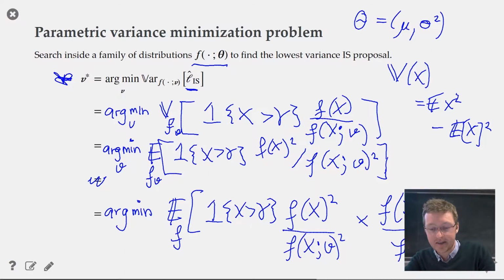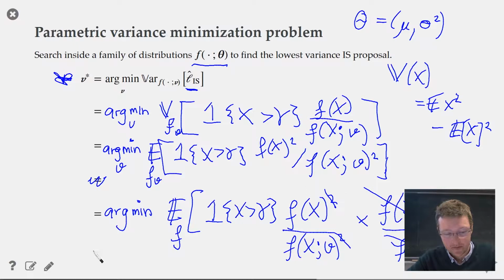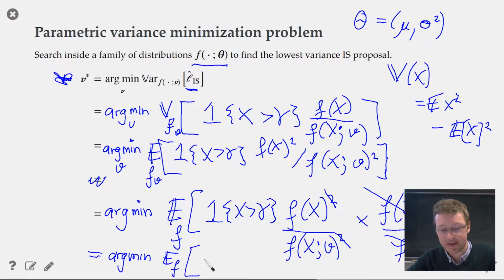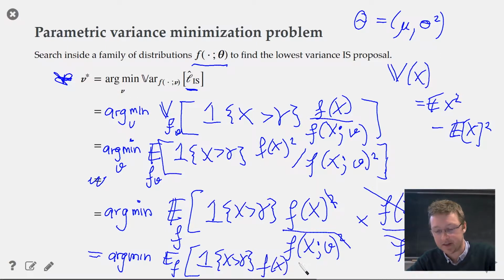So the squares cancel with that new likelihood ratio, and the resulting thing that we try to minimize is just, under the original density, the indicator that the rare event happens, multiplied by just this likelihood ratio here.